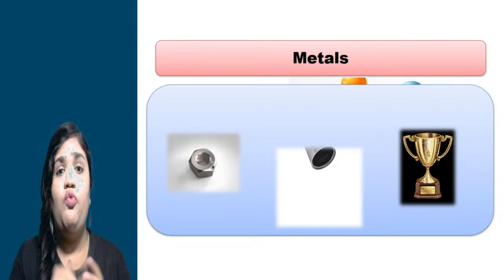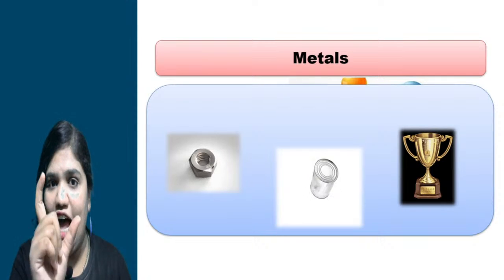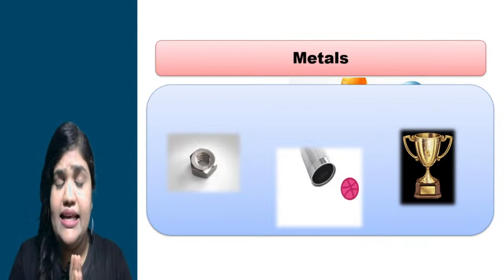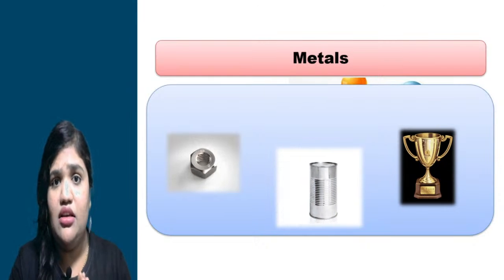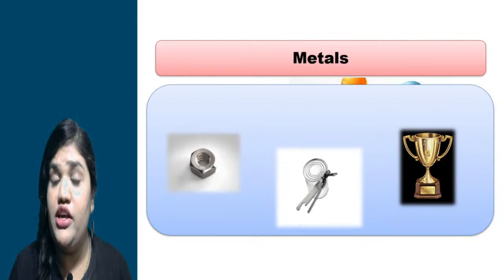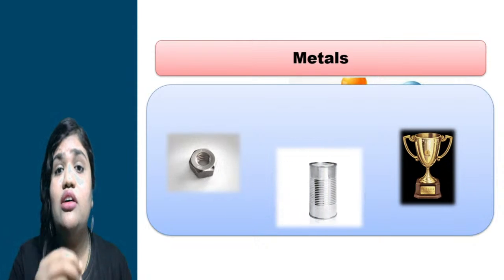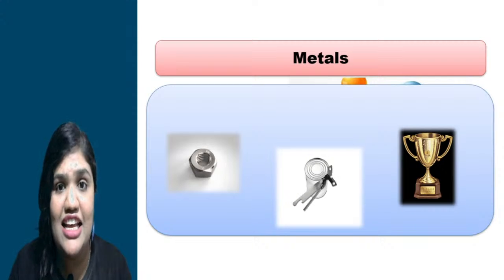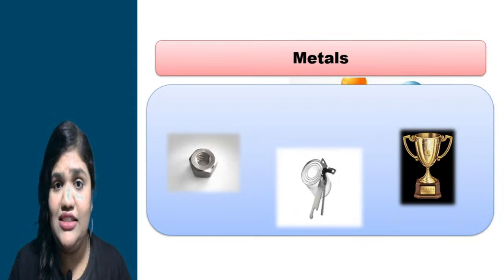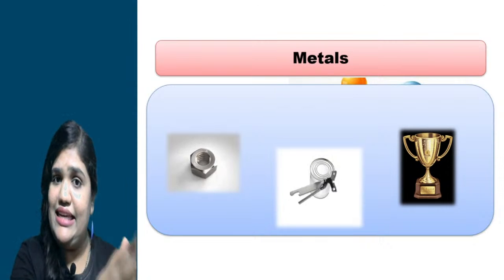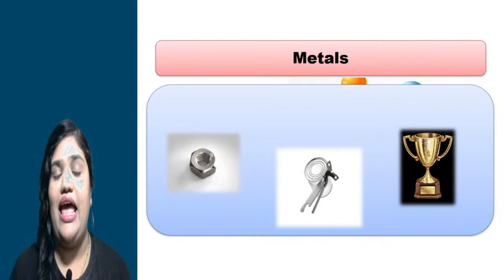Here one word is very important, which is ionic bond. We are going to discuss that later, but cations and anions are a very important point here. What are cations, students? Cations are the ions which are positive in nature, while anions are those ions which are negative in nature. Positive ions, cations, and negative ions, anions.